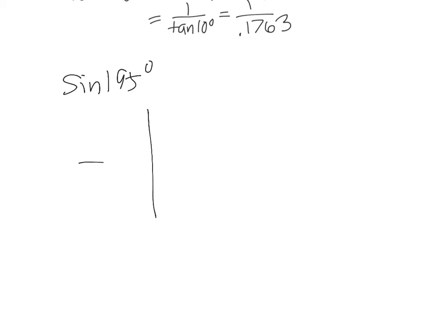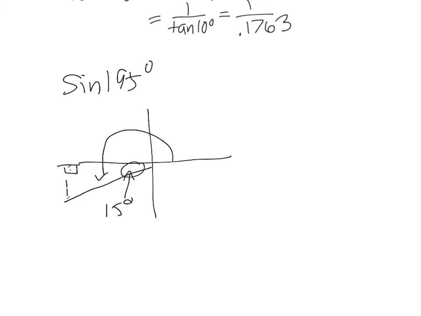Let's see where that is. Sine of 195 is going to be in quadrant 3. And remember how if this were a special angle, a special triangle, meaning 30, 60, 90 or 45, 45, 90, to evaluate it, I would create this altitude to the closest x-axis, and I'd be looking at what this angle here is. Well, this angle here is 15 degrees, because the difference between 180 and 195 is 15.